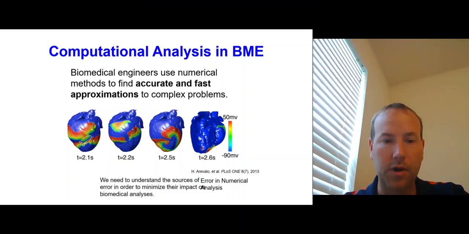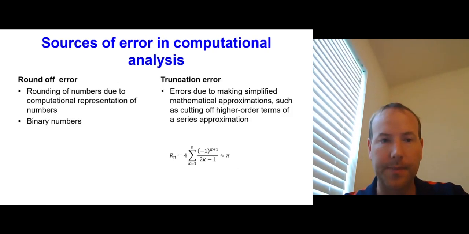There are waves of electrical activity that produce arrhythmias that can lead to sudden cardiac death. What they're trying to simulate here is to test out different therapeutic strategies. And of course, they need those predictions to be both accurate, that will correctly tell you what may be happening in a real heart, and also fast so that they can get information back to the patient quickly.